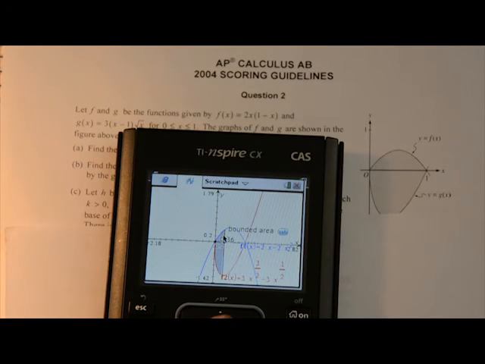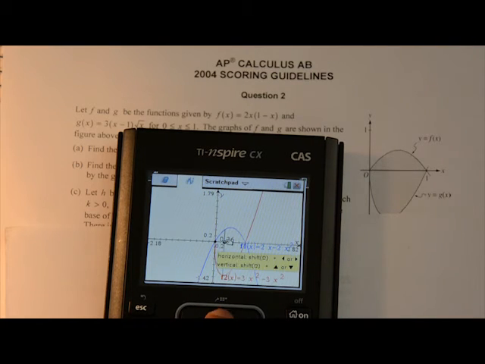Obviously, we can see that it starts at 1. So we can put our lower bound. If I can get this to work. Yeah, so we have our bounded area here.